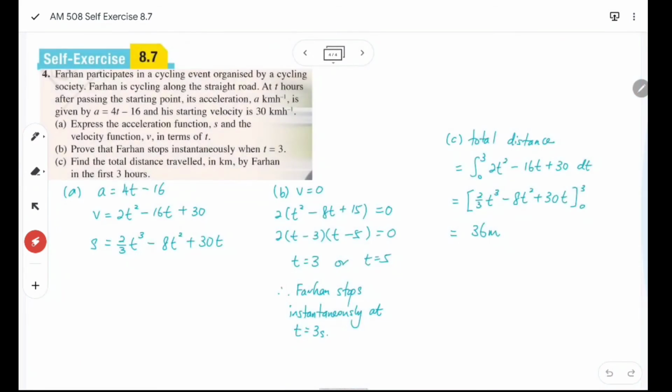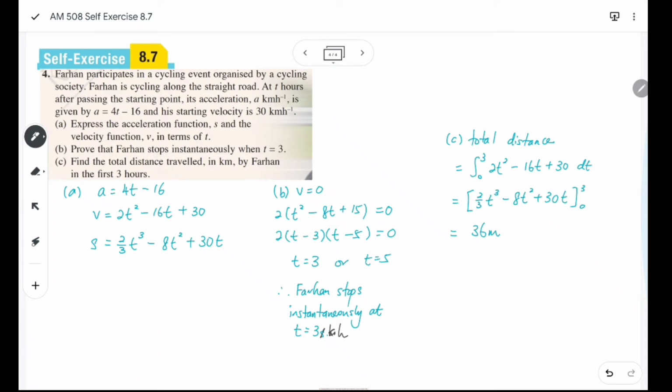Question number 4. Farhan participates in a cycling event organized by a cycling society. Farhan is cycling along a straight road at t hours after passing the starting point. Its acceleration a km per hour squared is given by a equals to 4t minus 16. And his starting velocity is 30 km per hour.